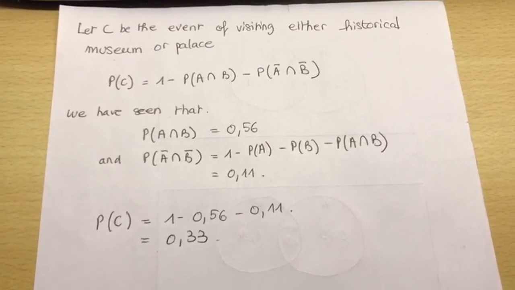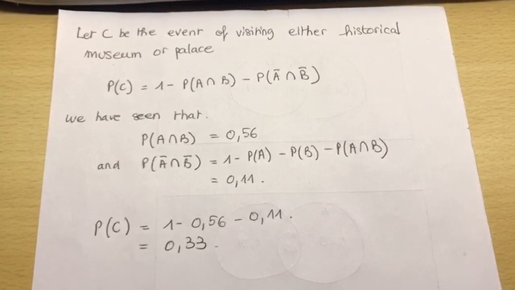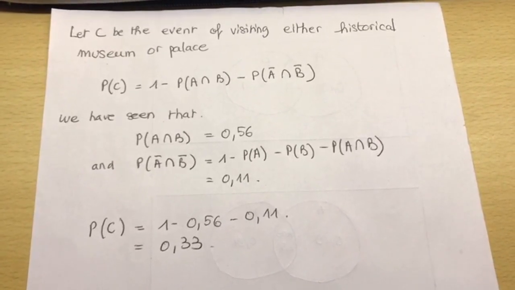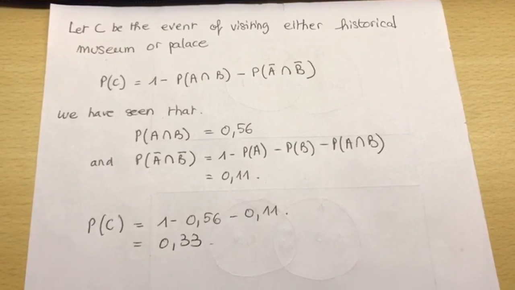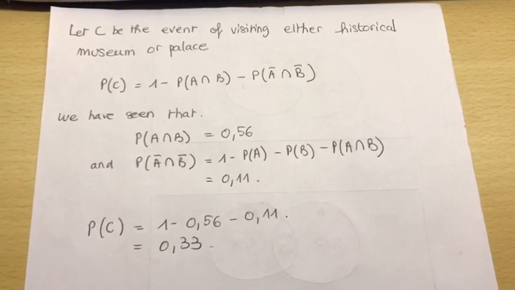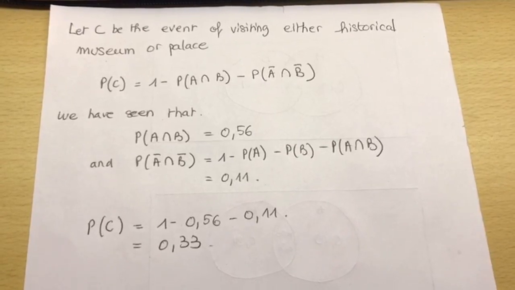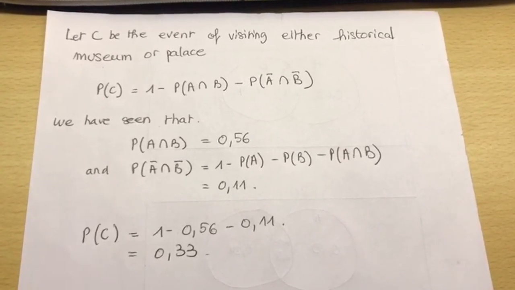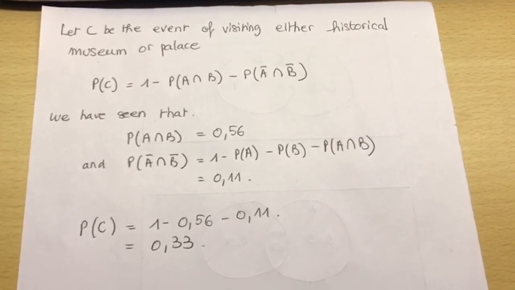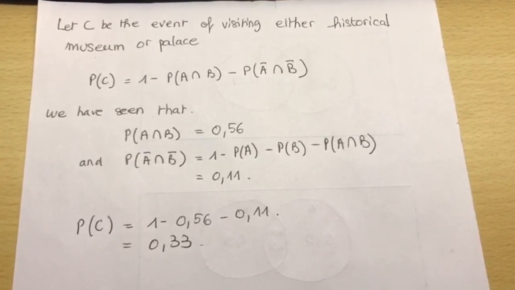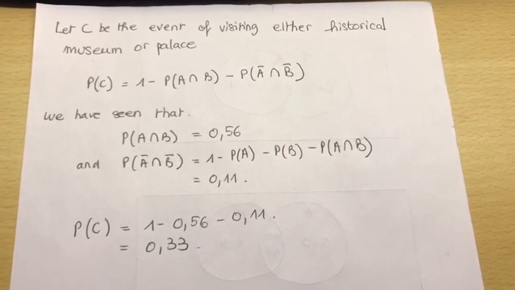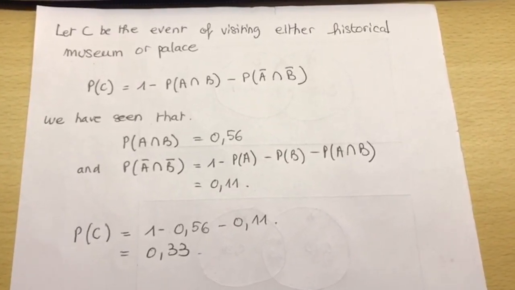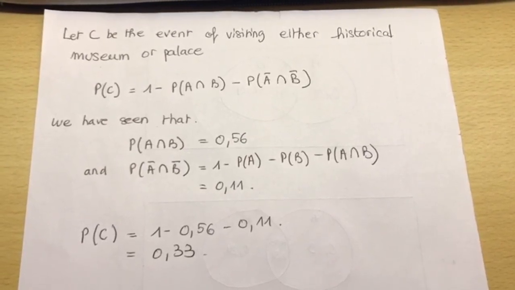We have seen that probability of A inter B is 0.56 and probability of A bar inter B bar is 1 minus probability of A minus probability of B plus probability of A inter B, which is 0.11. And so we can calculate probability of C, which is 1 minus 0.56 minus 0.11, and the final result is 0.33.